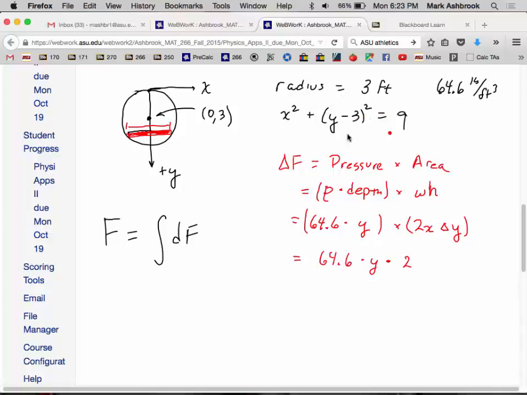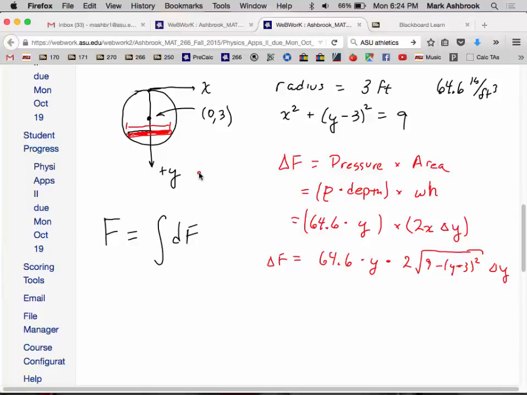And that you just solve this for x. Square root of 9 minus y minus 3 squared, delta y. And that's our little bit of force on that typical horizontal strip on the end of the milk truck.